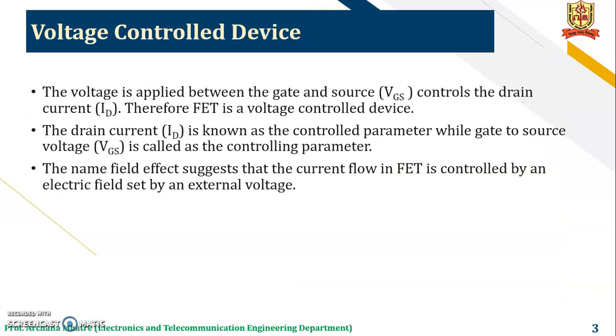The voltage applied between the gate and source controls the drain current ID. Therefore, FET is a voltage control device. The drain current ID is known as the controlled parameter, while the gate to source voltage VGS is called the controlling parameter. The name field effect suggests that the current flow in FET is controlled by an electric field set by an external voltage.